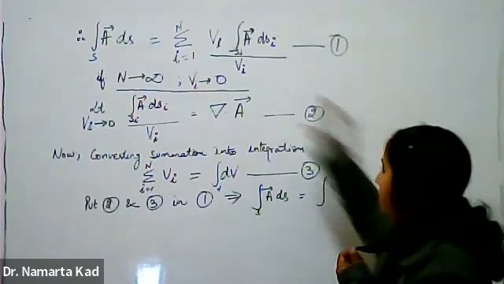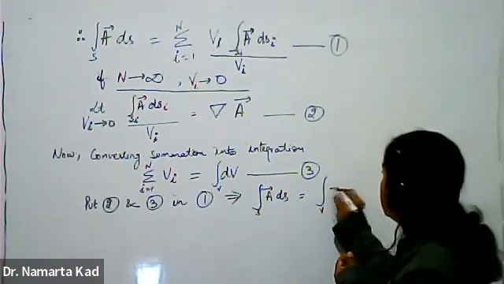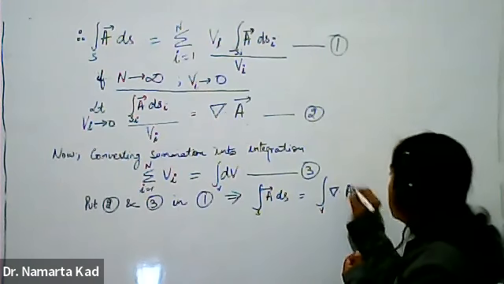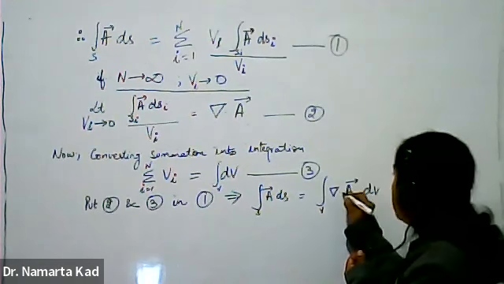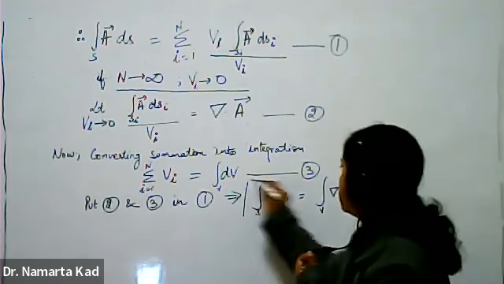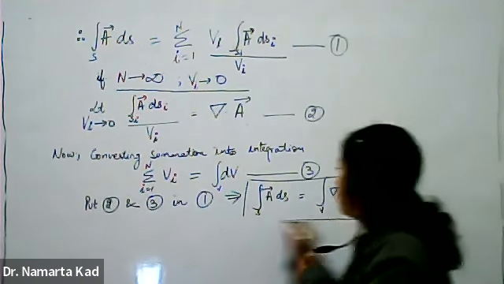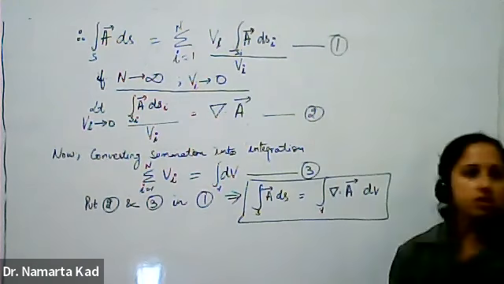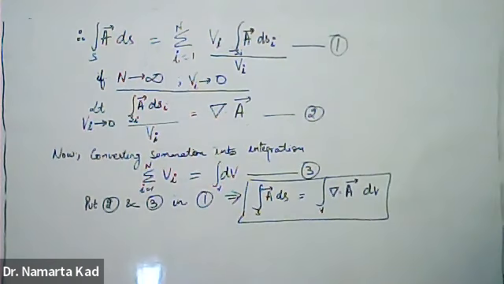So this can be combined and written as the volume integral of del dot A dV. And this is the final proof for the Gauss Divergence Theorem.